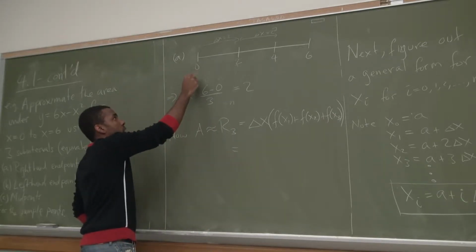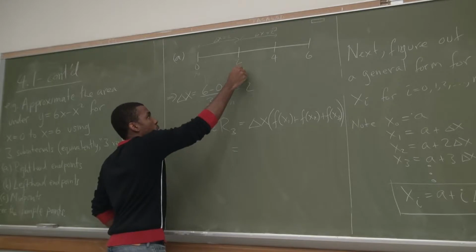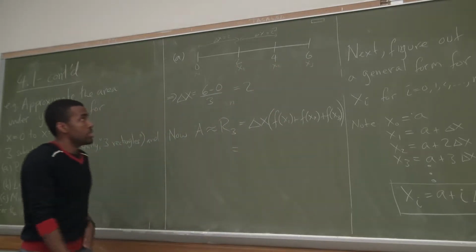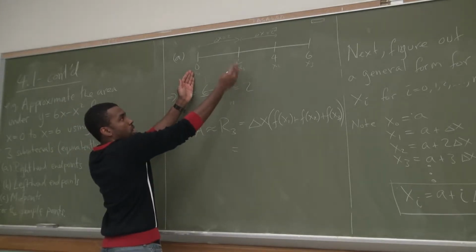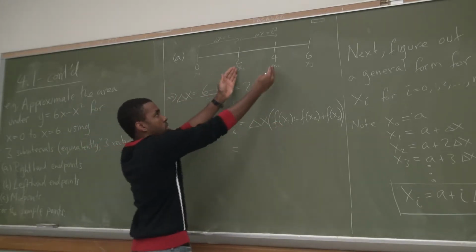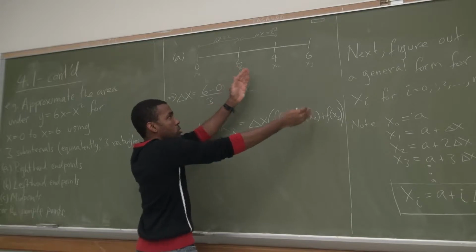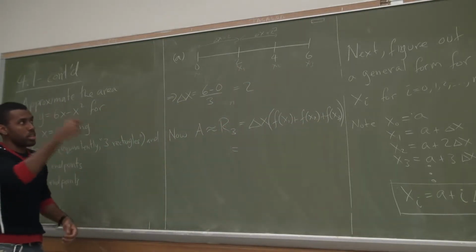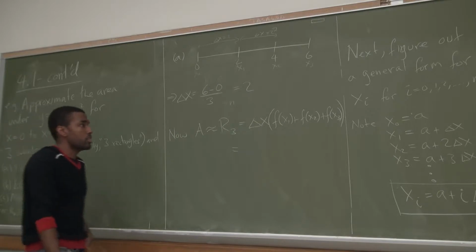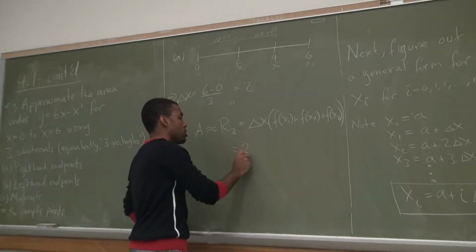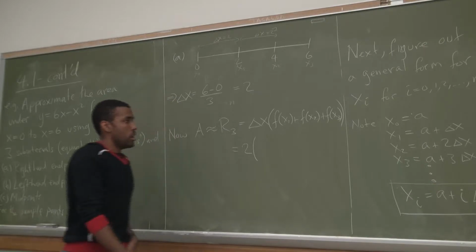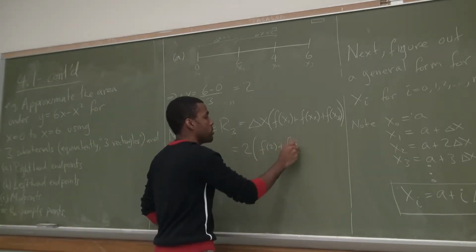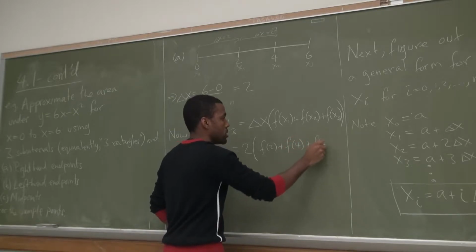Because this guy here is your x0, this is your x1, this is your x2, this is your x3, right? So on the first interval, you take the right one, so that's x1. Second interval, you take the right one, that's x2. Third interval, take the right one, that's x3. So just looking at all the intervals, you're plugging in the numbers on the right side. Delta x I know was 2, and this would be f of 2 plus f of 4 plus f of 6.